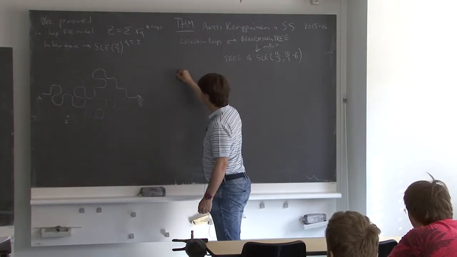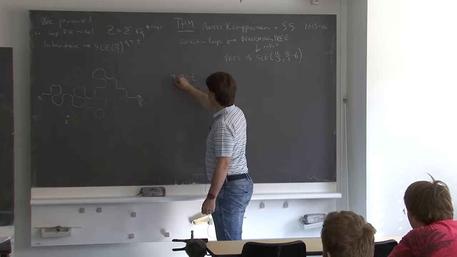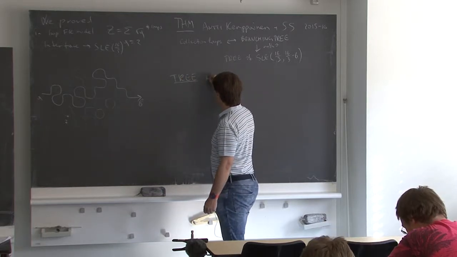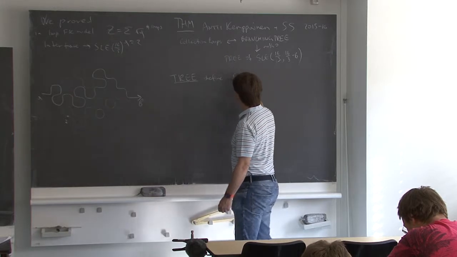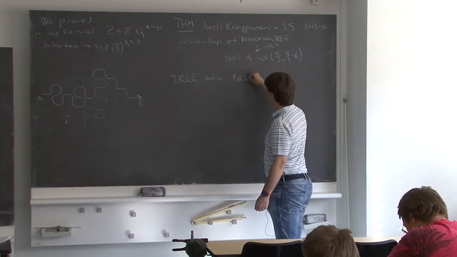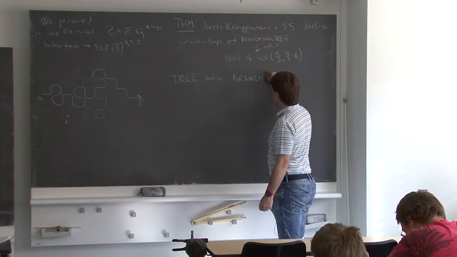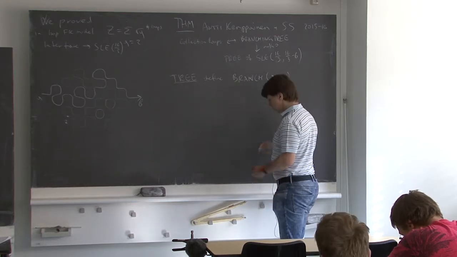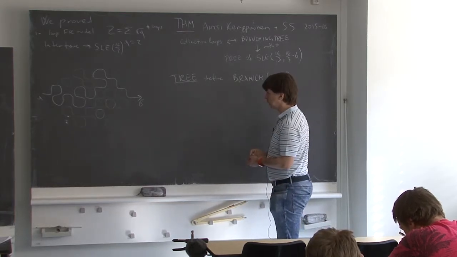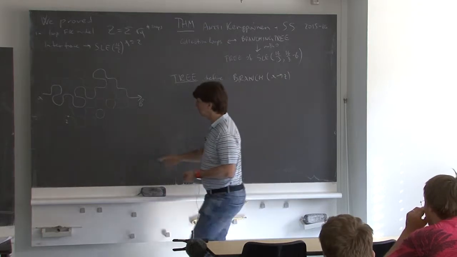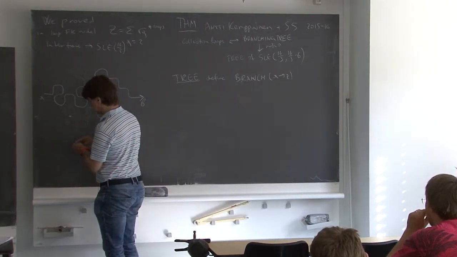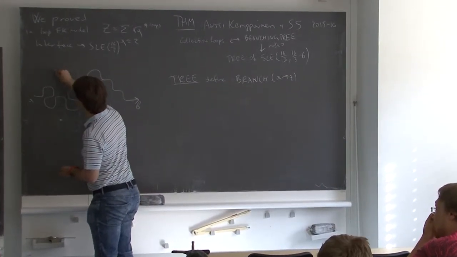So let us define a branch which goes from A to Z. How do we define it? Well, let me maybe put Z here, that would work better.